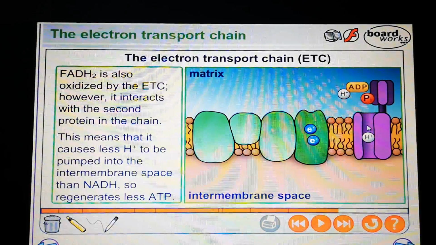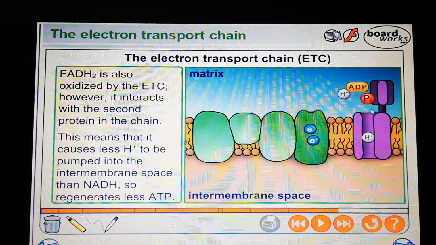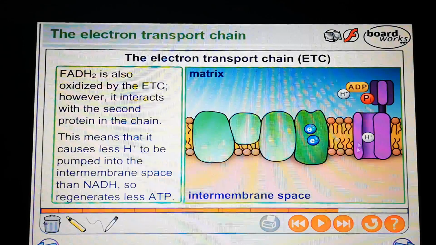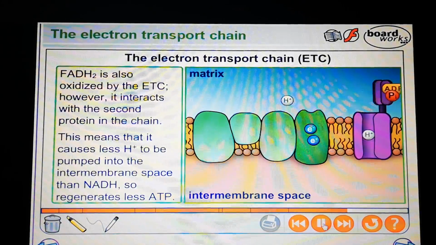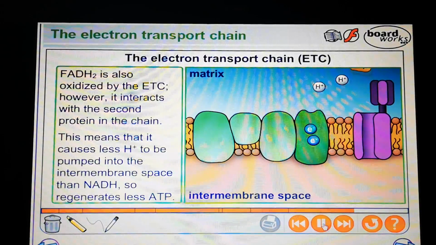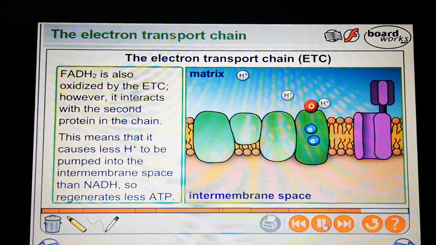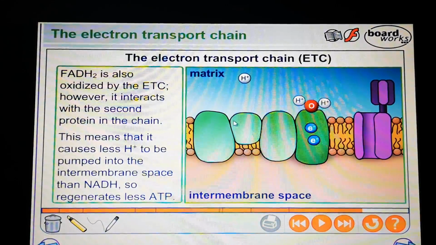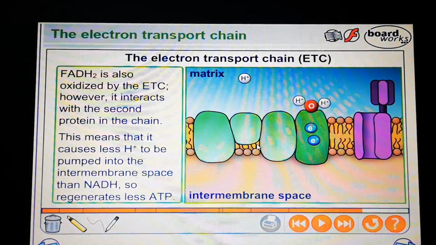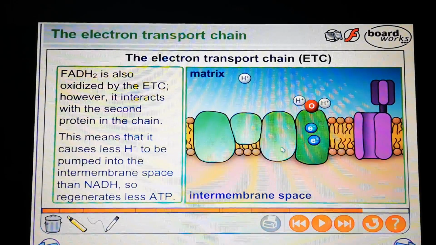And if there's not as many protons moving through the ATP synthase channel, then there won't be as many molecules of ATP being formed. So that's why the coenzyme FAD, because of where it drops off the pair of electrons, is not going to yield as many molecules of ATP after this whole thing plays out.